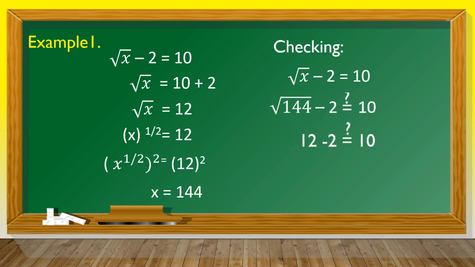Square root of 144 is 12, minus 2 equals 10. So 10 is equal to 10. So this means that x equals 144 is a solution to the given equation.